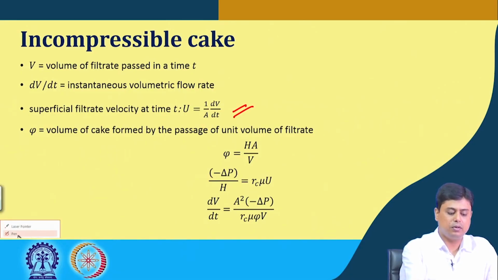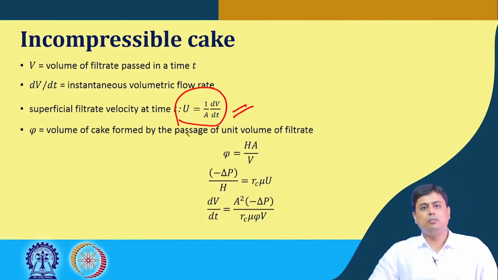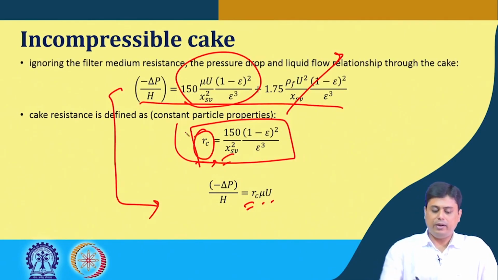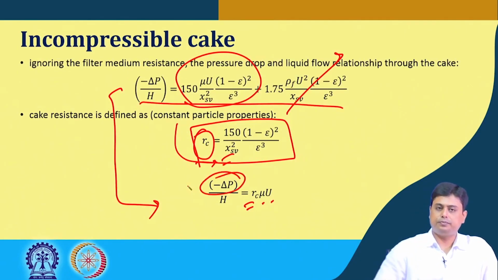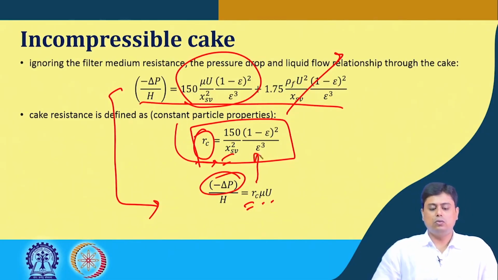The superficial velocity in that Ergun expression becomes 1/A dV/dt, because now we are trying to estimate this parameter, del P. This Rc value we can know if the solid properties are known.